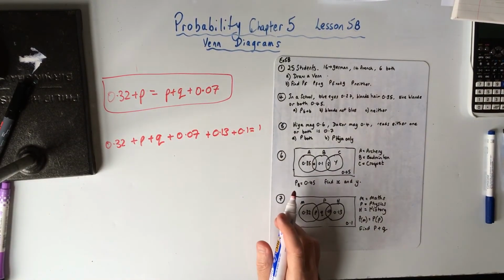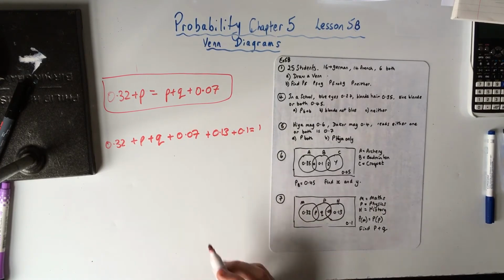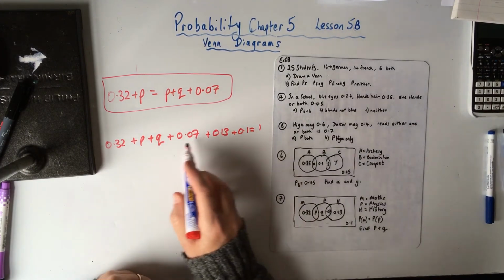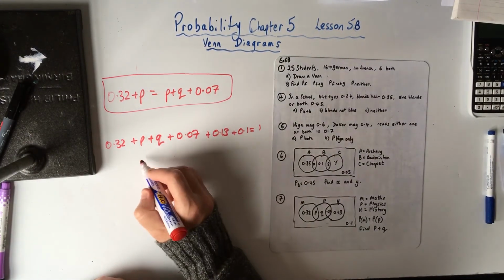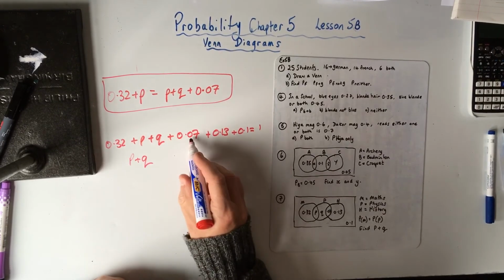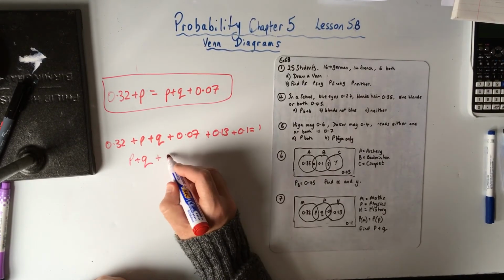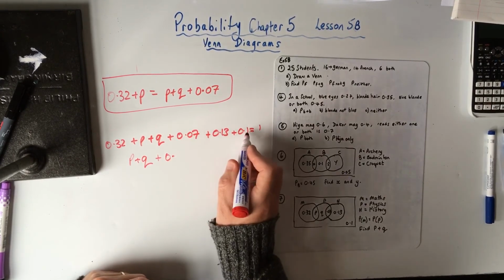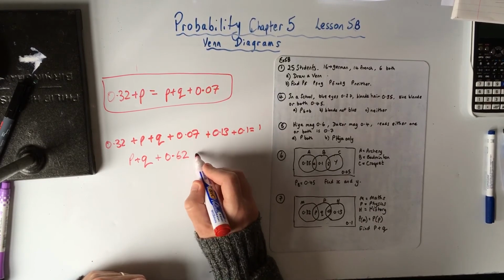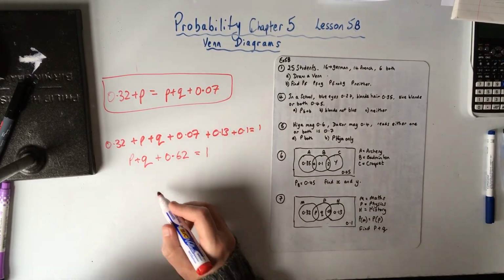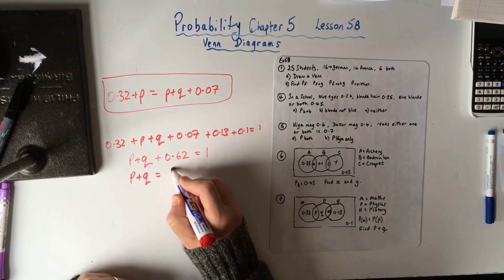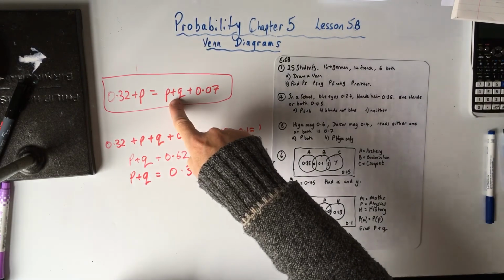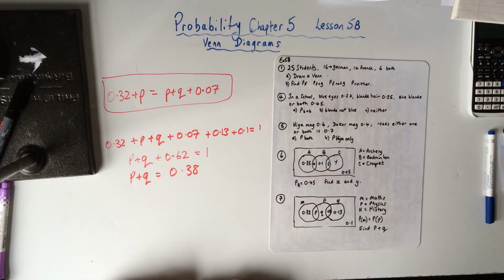That's everything added up, isn't it? Simplifying this side, you get p plus q, and 0.32 add 0.07 add 0.13 is 0.52, add the 0.1 is 0.62, is equal to 1. And so p plus q, of course, is equal to 0.38, taking 0.62 off both sides.